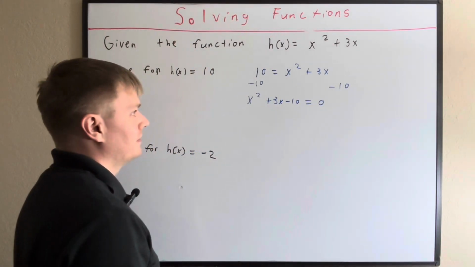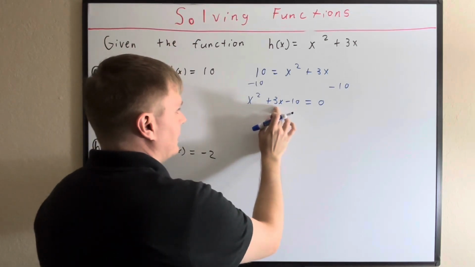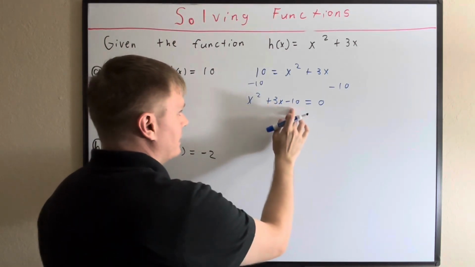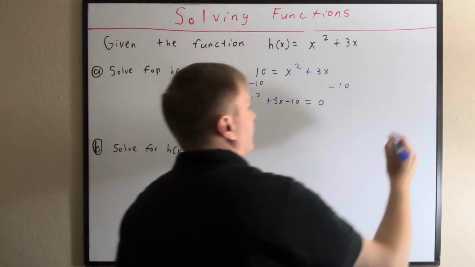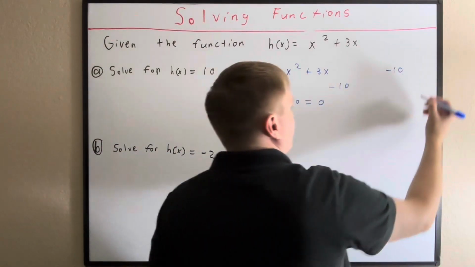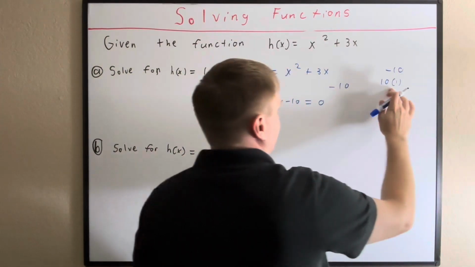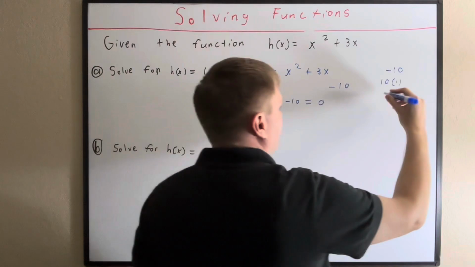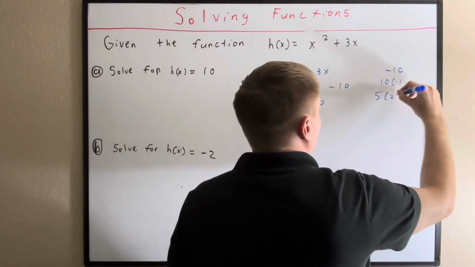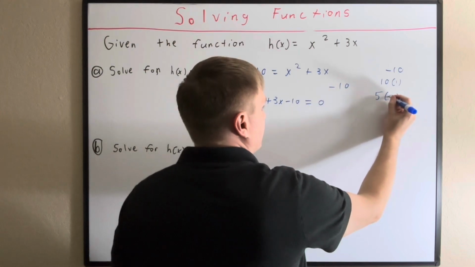Now we go back to our good friend factoring, right? So what adds to get 3 and multiplies to get negative 10? Well, factors of negative 10, there's, well, 10 and 1, right? But they don't add to get positive 3. 5 and 2, that works, so long as one of them is negative, right?